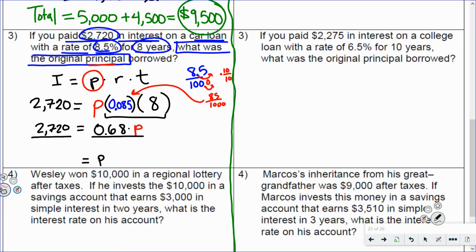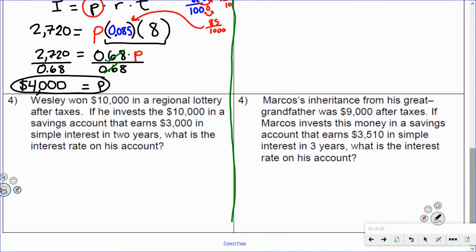So let's use our inverse operations with our algebra skills, and let's divide both sides by 68 hundredths. In this case, 68 hundredths divided by 68 hundredths cancels out. And when we divide $2,720 divided by 68 hundredths, we will find a final principal amount to be $4,000. Again, you may pause, go do problem number 3, or you may continue on with notes.